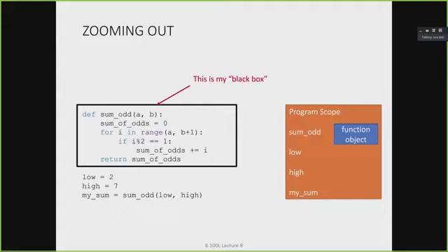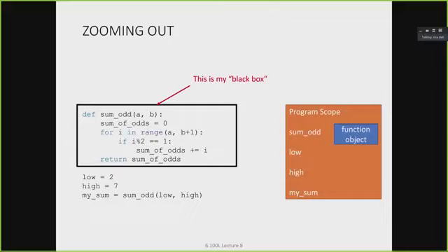But what I wanted to mention, which I also mentioned last lecture, is that the function definition is just creating a function object inside the memory. And the name of this function object is the name of the function. So in the program, the orange box is an object that just happens to be a function, which has some code associated with it, whose name is SumOdd.